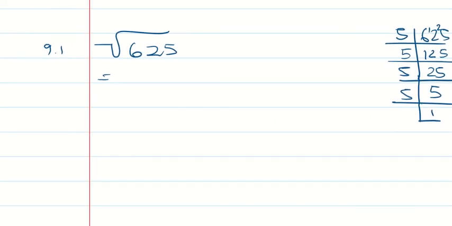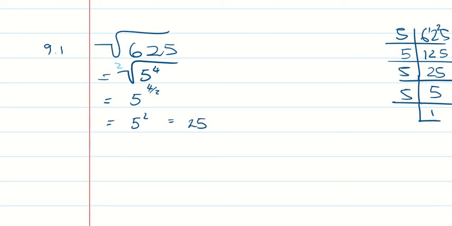Alright, so we're going to write that as a product of its prime factors. So now prime factorization, I'm going to write 5. You can write 5 times 5 times 5 times 5, or you can go straight to 5 to the power of 4. And when you have 5 to the power of 4, you should remember there's an invisible 2 out there, and then the next step will be to divide the 4 by that 2, so that's 5 to the power of 2, which equals 5 times 5, which is 25.